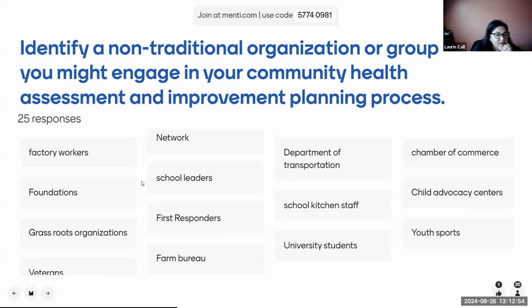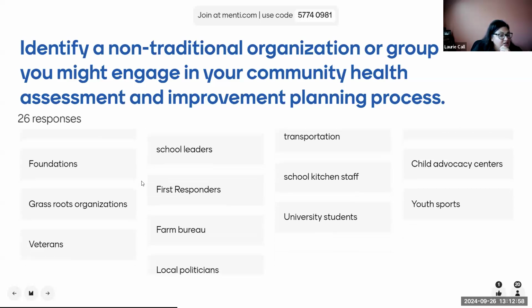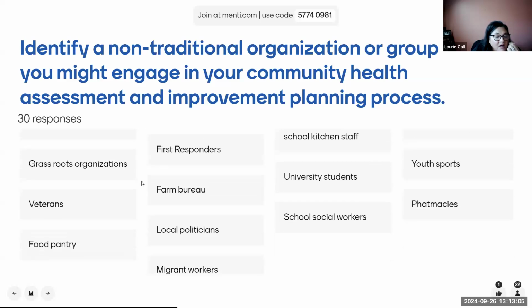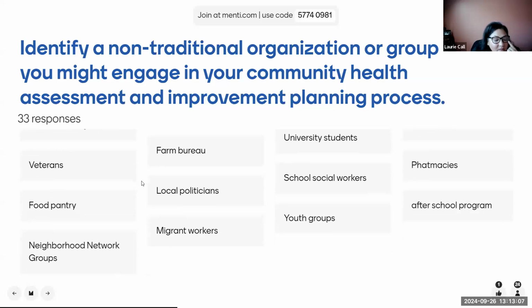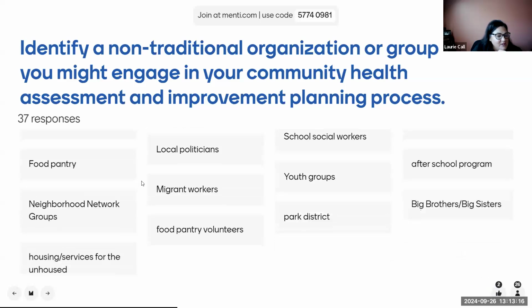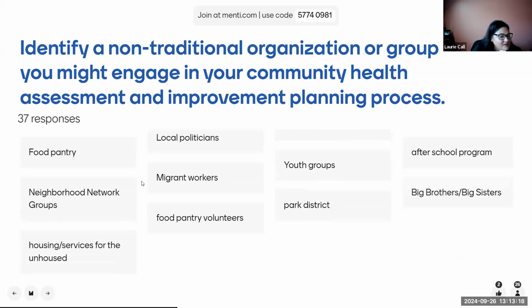Child advocacy centers, youth sports, university students, grassroots organizations, veterans, local politicians, definitely, school social worker, pharmacies, after school program, migrant workers, neighborhood network groups, food pantry volunteers, park district, Big Brothers Big Sisters, housing services for the unhoused, assisted living, climate groups, academia. Great, great, great.